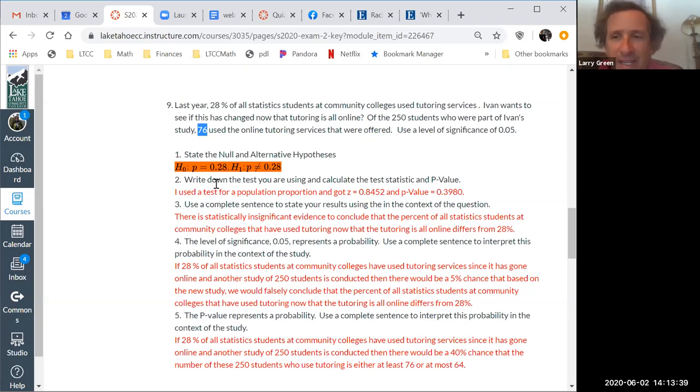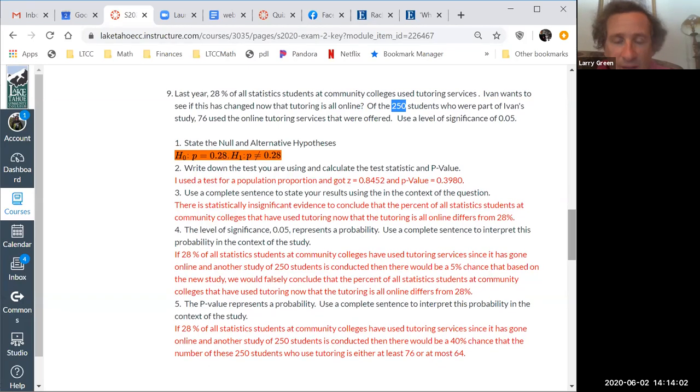I know a couple of you got it. Okay. What you can do is you can say, well, 28% was the null hypothesis. If you take 28% of 250, then you get 70. 76 is 6 more than 70. 64 is 6 less than 70. It's always above and below when you're doing a two-tailed test. Any questions on the 64?